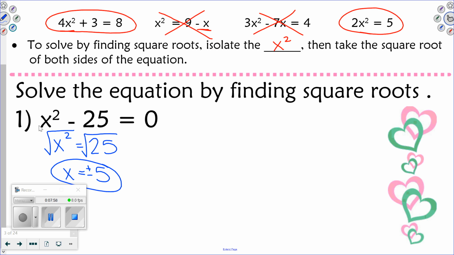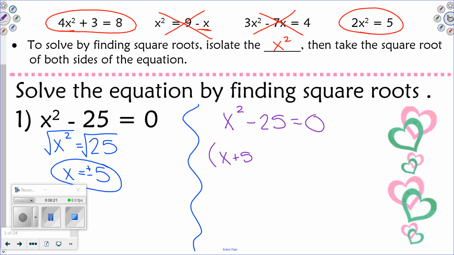Now, I do want to look at this another way, just because this problem is nice, that I can also do this problem by factoring. Factoring we set equal to 0, which is already set equal to 0. What type of factoring is that? It's my favorite. How does that factor? x plus 5, x minus 5.